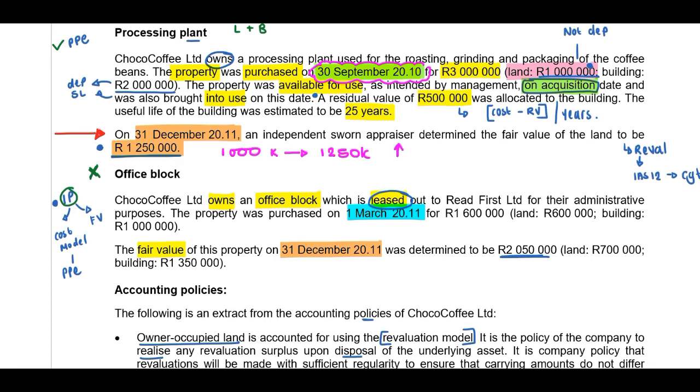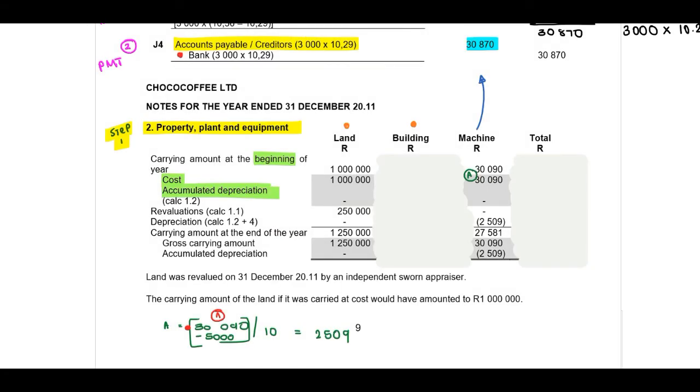Therefore, there is an increase of 250,000. But we need to indicate to our marker, how do we get to that amount? Therefore, again, this will be B at the bottom of our page, B: 1,250,000 minus the 1 million, and this is 250,000.